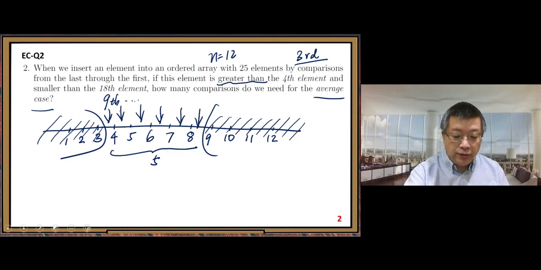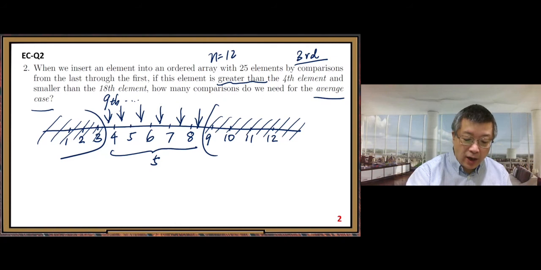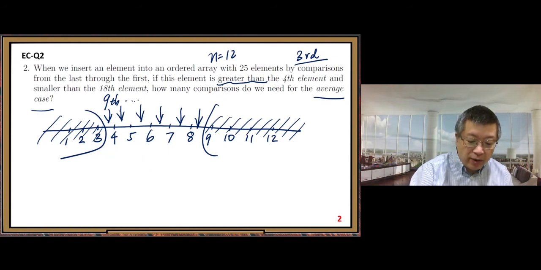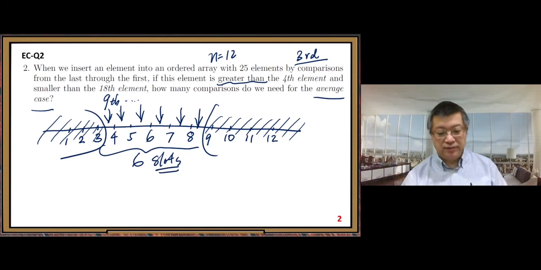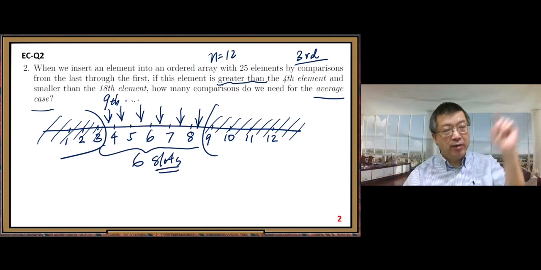1, 2, 3, 4, 5, 6. Actually, although we have 5 elements, we have total 6 slots. For each slot, let's look at number of comparisons.